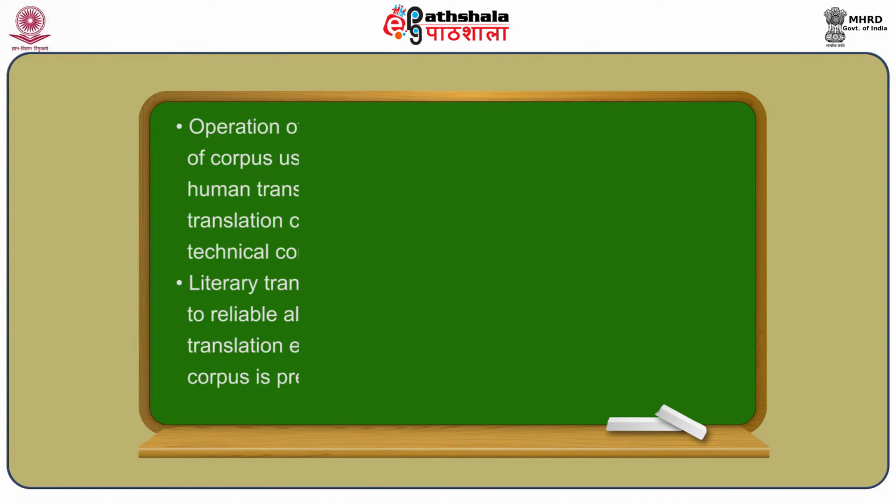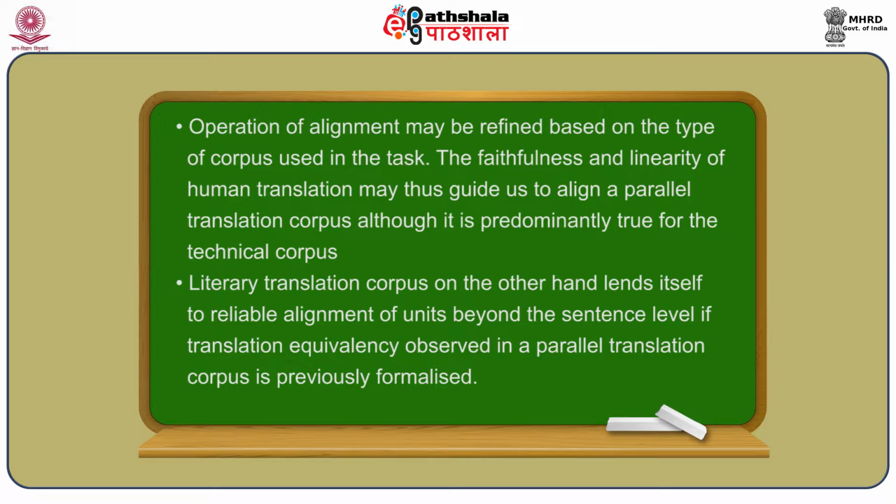In cases of non-technical texts, such as novels or fiction, alignment at larger units at paragraph level or at chapter level will suffice. Therefore, the operation of alignment may be refined based on the type of corpus used in the task.